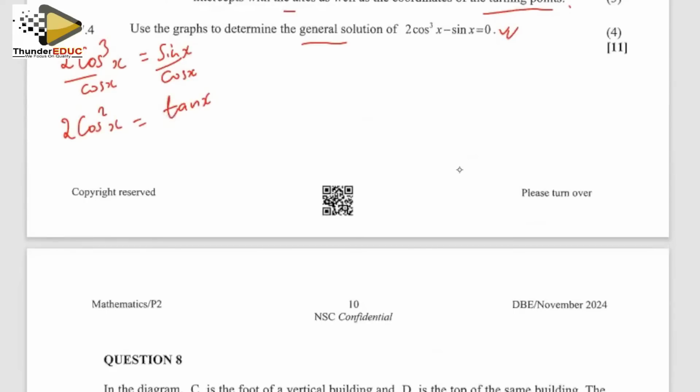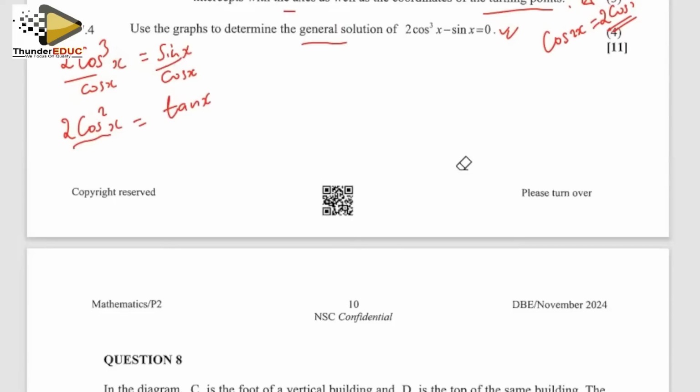Okay. But we know from our formula page that cos 2x is given as 2 cos squared plus 1. Okay. Now we only have 2 cos, this one. So let me move this one that side. Will that make sense? No, I think I made a mistake here.